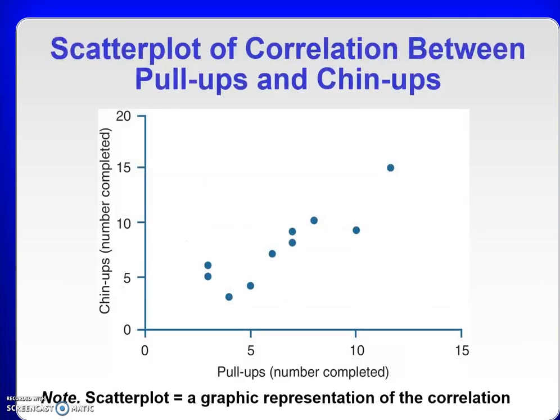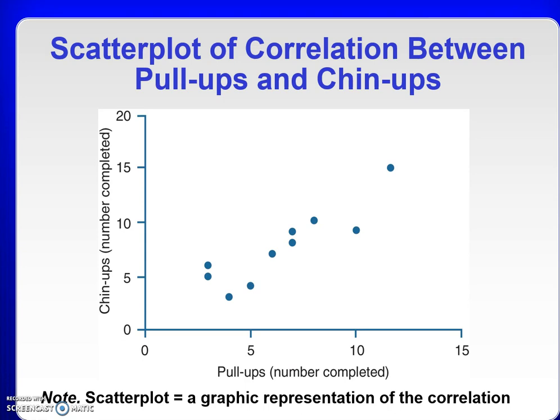As we measure correlation coefficient, we often do that using a scatter plot, where one variable is on the x axis and the other variable is on the y. And we graph the relationship between the two variables.